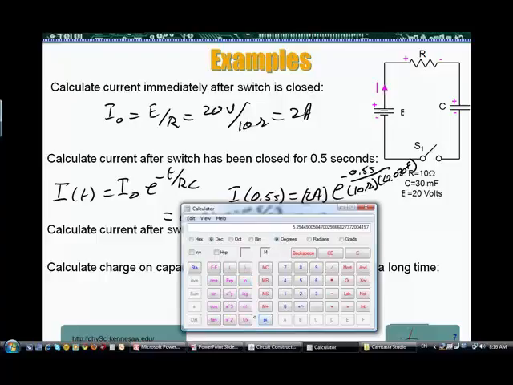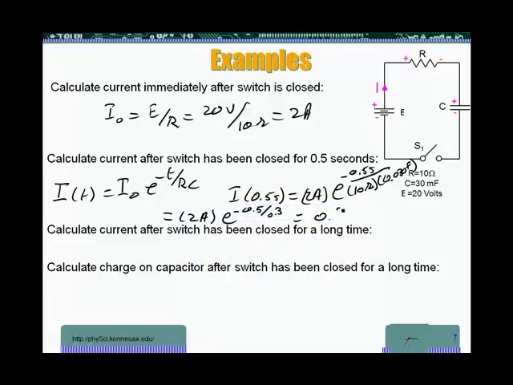But since it's with a minus, I need to do the inverse. Okay, let me repeat that. Let me do it some other way. 0.5 divided by 0.3. Let me add a negative sign to that and inverse log of that. See, we get the same thing. Times 2 amps. See there, it's 0.38 amps.